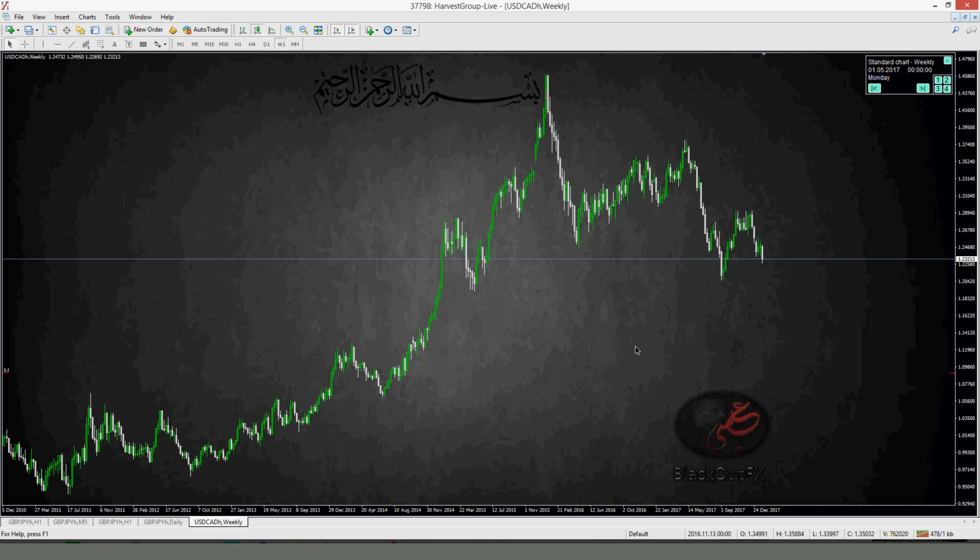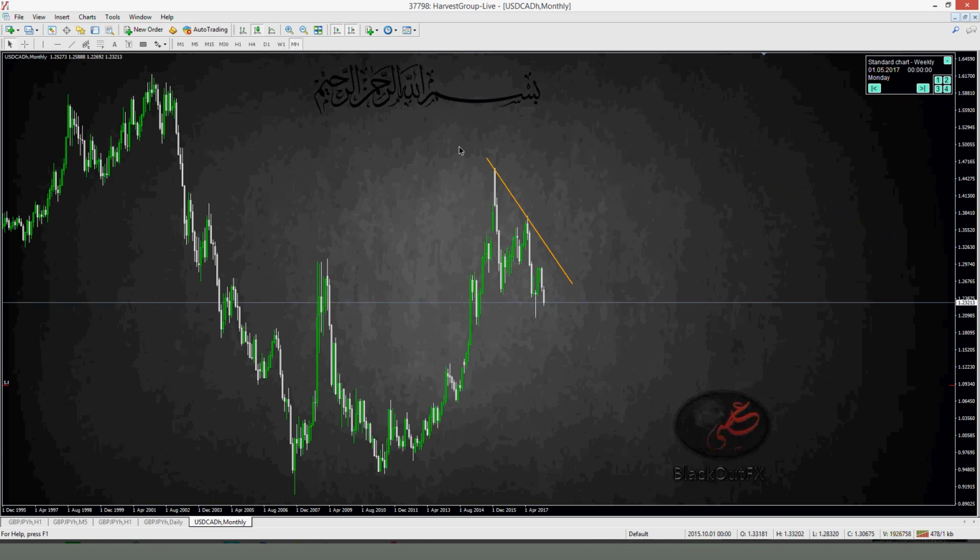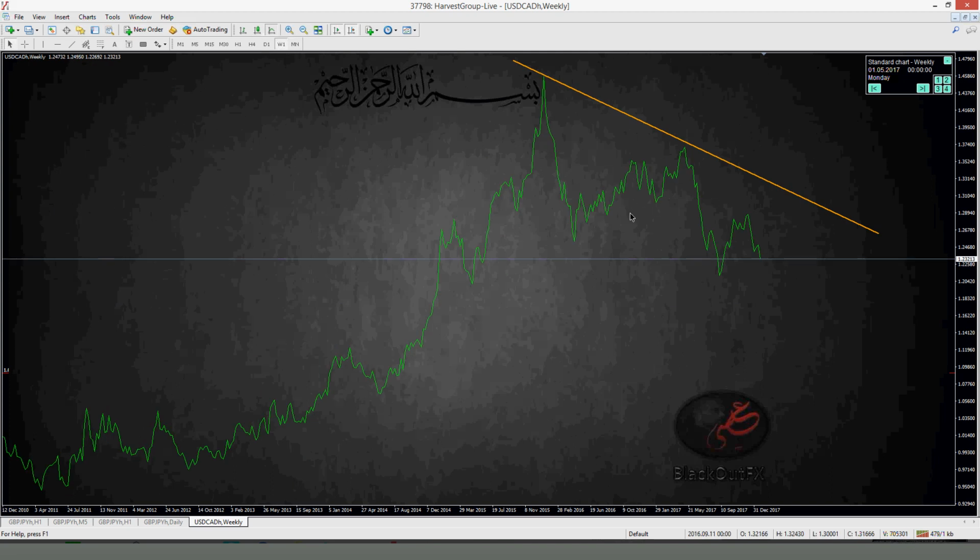All right, so on a weekly time frame, I have a much better vision of what the market is trying to do. So I would always use the trend lines. Doesn't have to be perfect, but it's just to show what the market is trying to do.